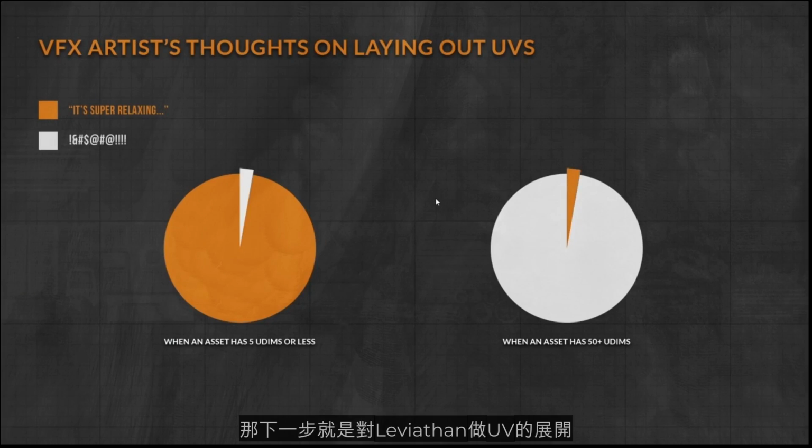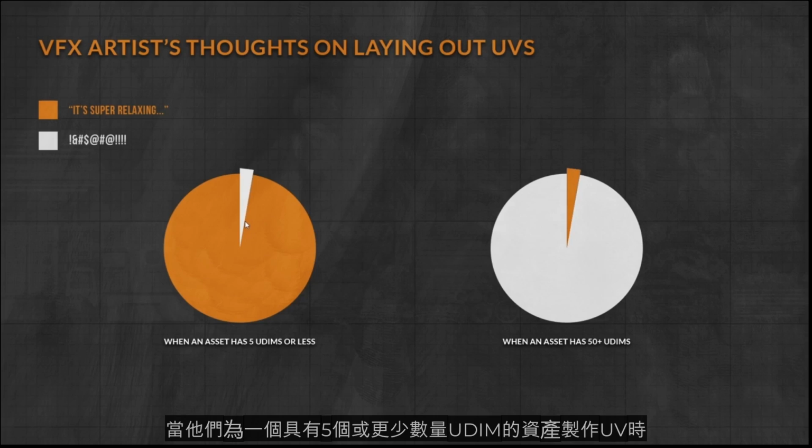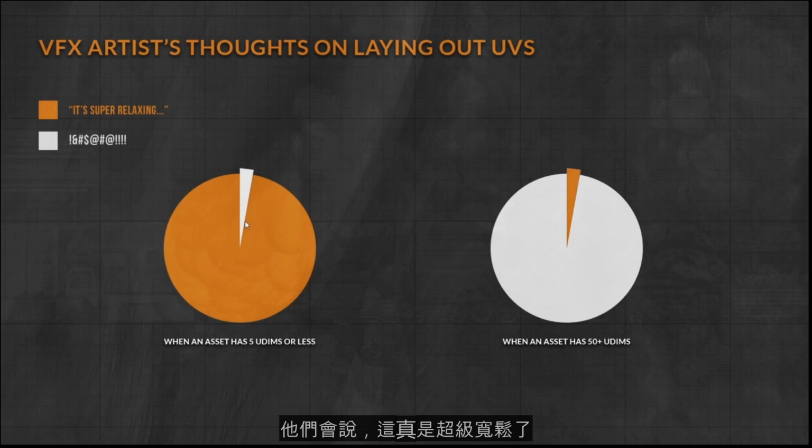it's time to unwrap. I unwrapped Leviathan, and this is just a little graph that I put together, because it's funny, a lot of people, when we talk about UVs, when they're making UVs for an asset that has 5 UDIMs or less, they say, oh no, it's super relaxing. But as soon as they work on an asset that has 50 or more UDIMs, they know how annoying it is, it's a nightmare.